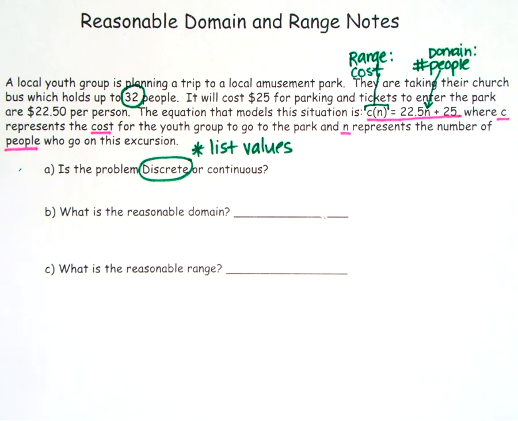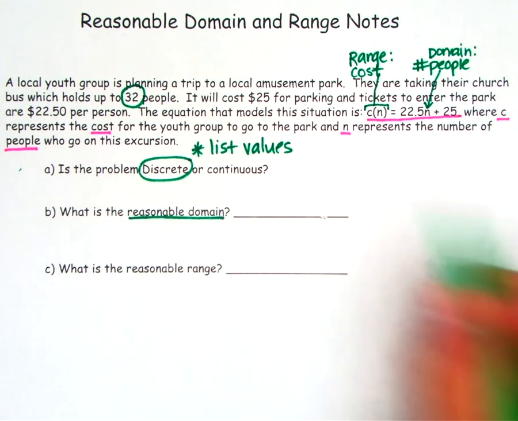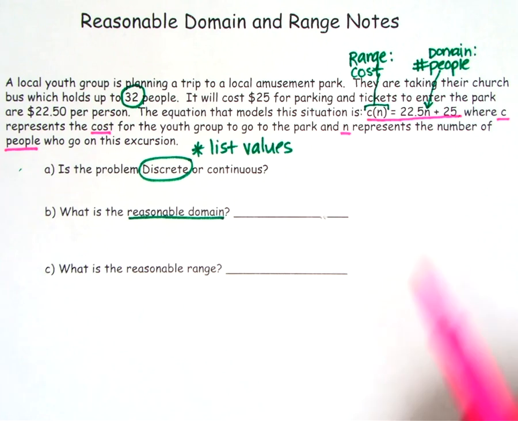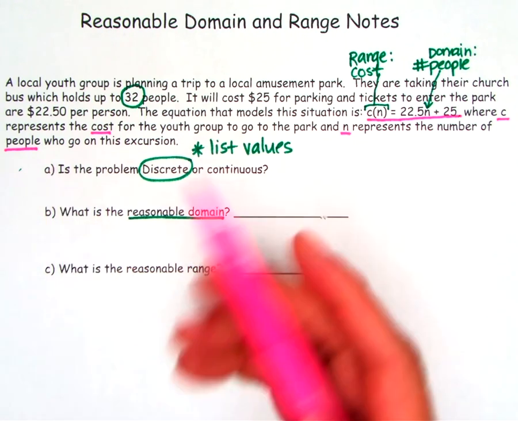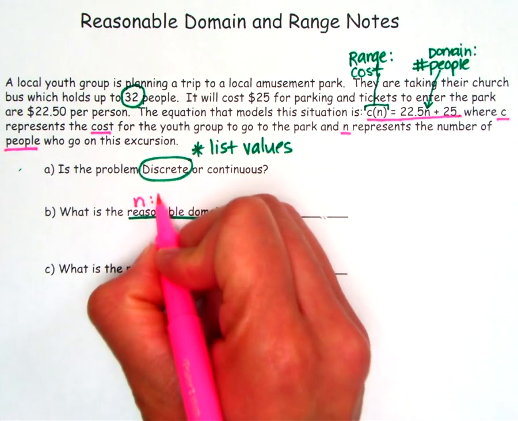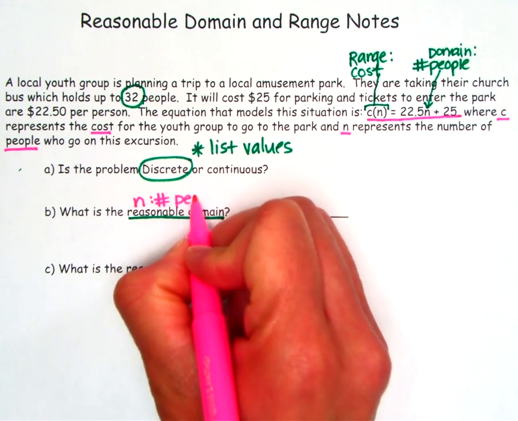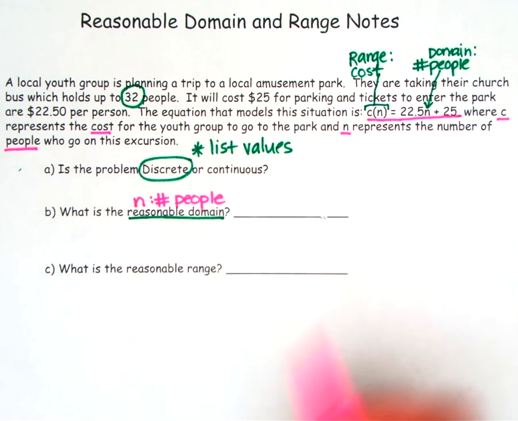Now to discuss reasonable domain. Well, reasonable domain is talking about n, the number of people going on this trip. The reason we say reasonable domain is because we cannot have negative 2 people attend this trip. So we need to restrict our domain and focus on how many people can go on this trip, and where should we begin?